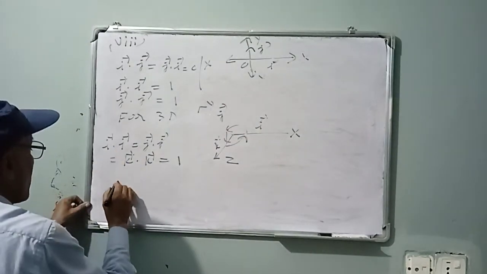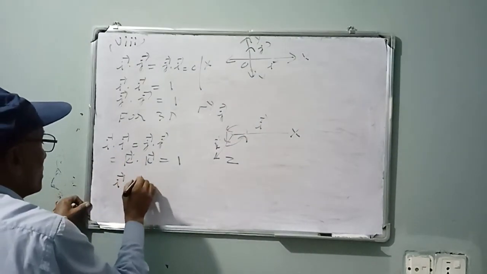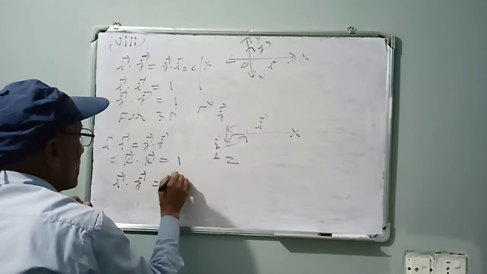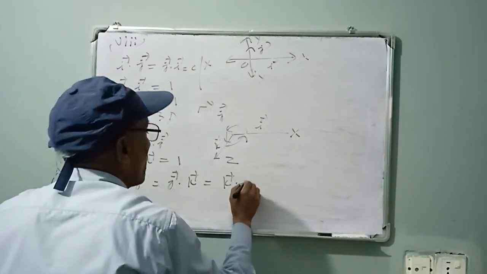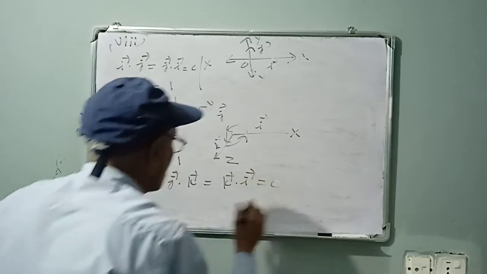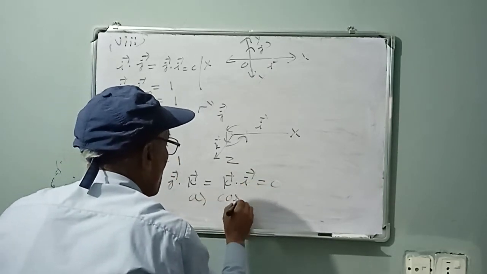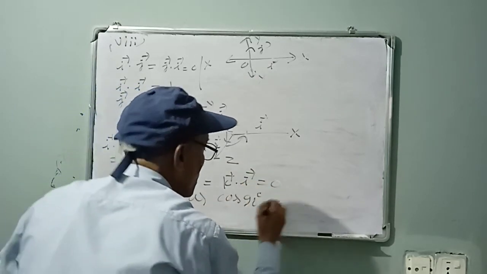But i dot j equals j dot k equals k dot i equals 0, as cos 90 degrees equals 0.